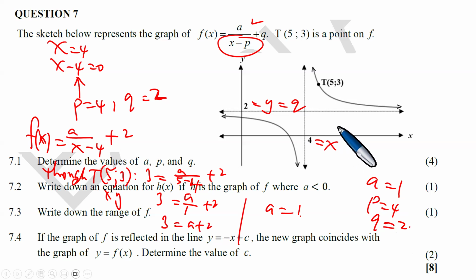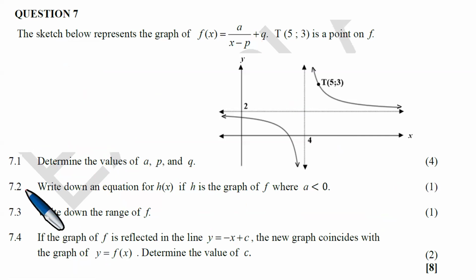So we find the next thing. Write down the equation for h of x if h is the graph of f where a is negative. Write down an equation for h. Right, so if h is the graph of f where a is negative, just making a negative.